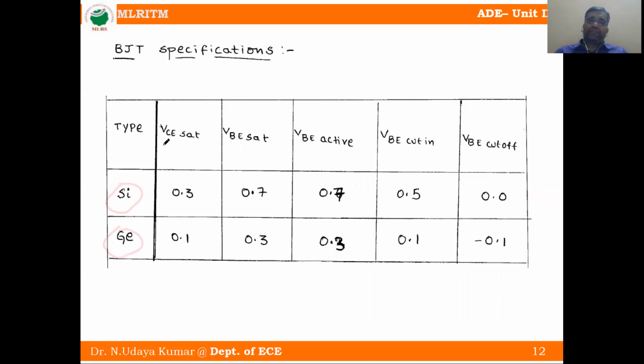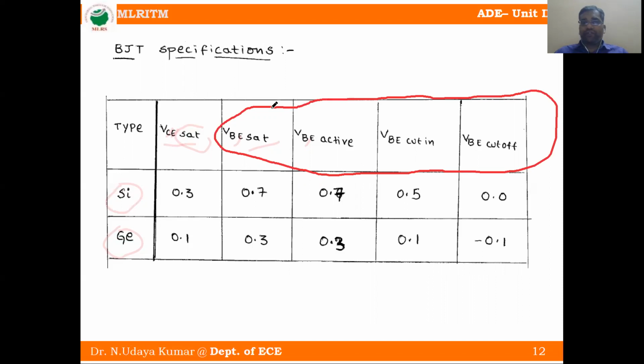This is called VCE sat, meaning the voltage across collector-emitter in the saturation region. Then the voltage across base-emitter in the saturation region, in the active region, VBE cut-in, and VBE cut-off. These are the four modes I just told you: saturation, active, cut-in, and cut-off.